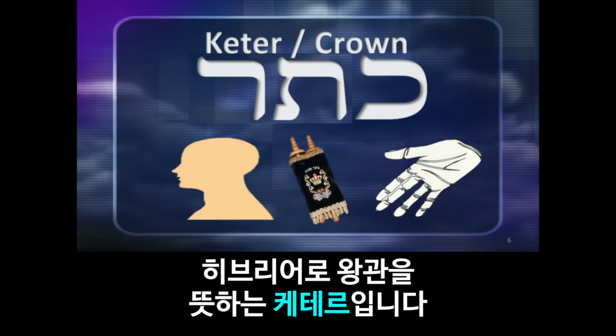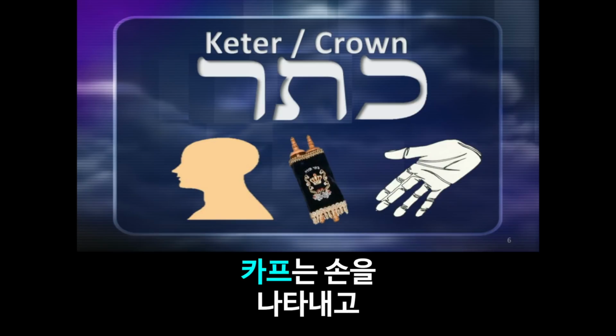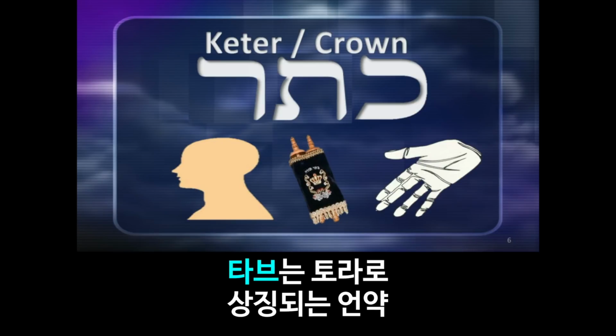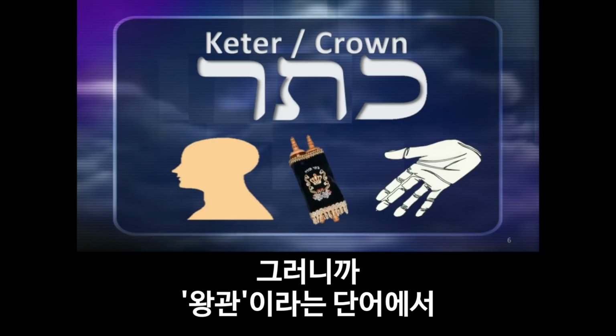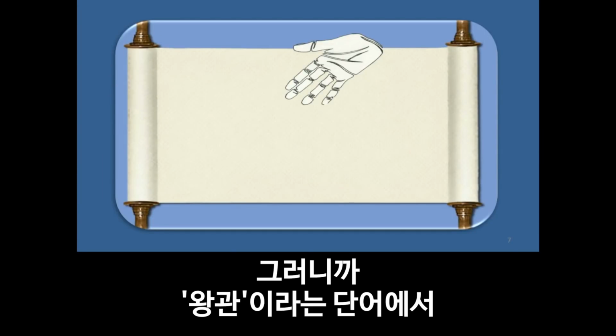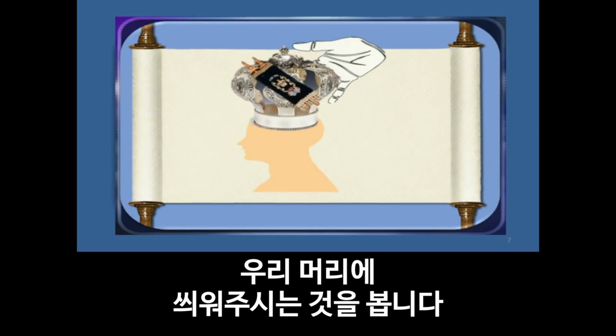If you take the ancient picture meaning of each of those letters, you have Kaf is the hand, Tav is the covenant, represented by Torah, and Resh is the head. So in the word for crown, we see the hand of the Lord placing the crown of Torah upon your head.